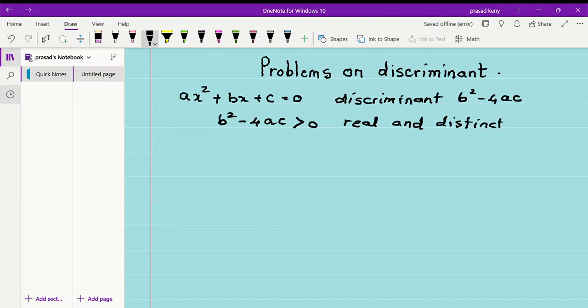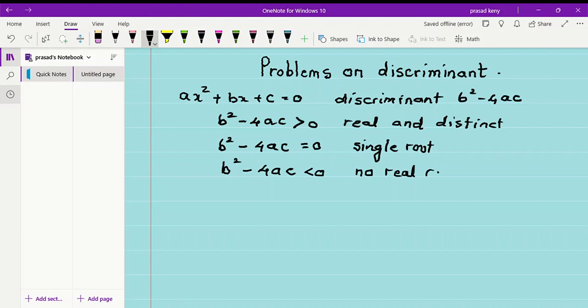If b square minus 4ac is equal to 0, then the quadratic equation will have a single root. And finally, if b square minus 4ac is less than 0, then the quadratic equation will have no real root.